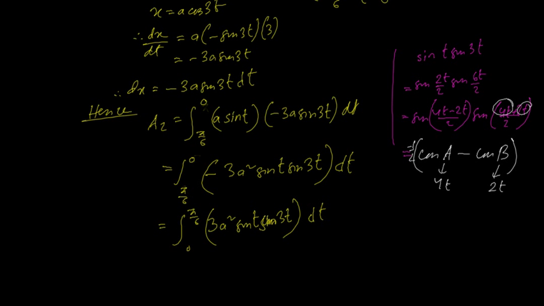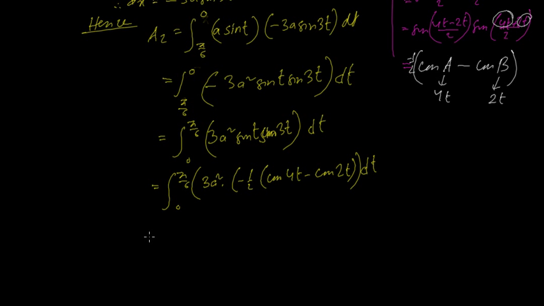So using the identity, the integral from 0 to pi by 6 of 3a square, this into minus half, cos 4t minus cos 2t dt.